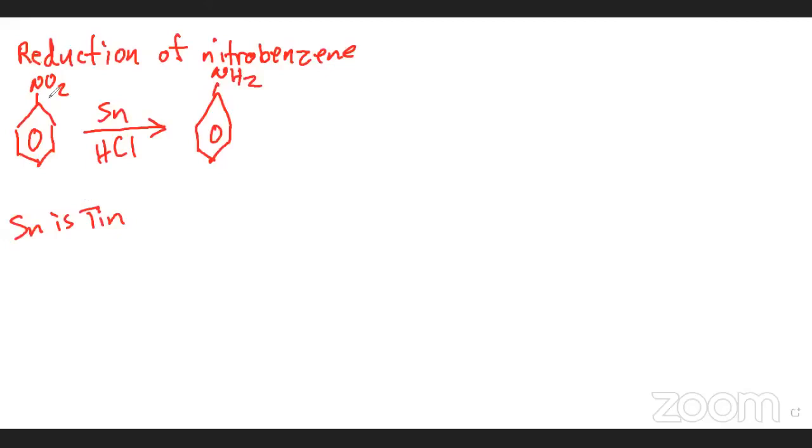So to go from nitrobenzene to phenylamine, you will use tin and HCl. Ensure you know all of your reagents for these reactions. So we're going from nitrobenzene to phenylamine.